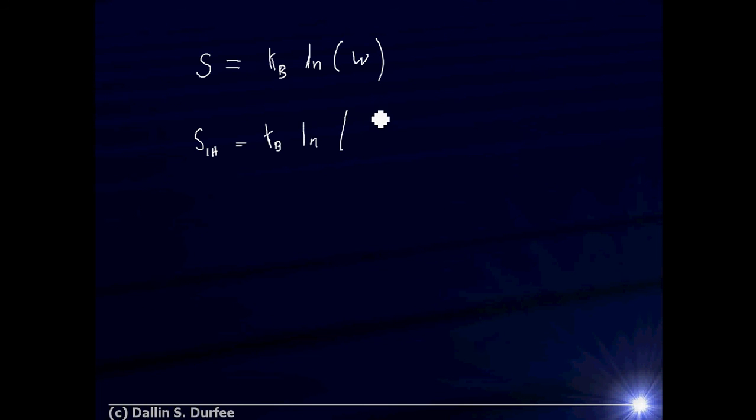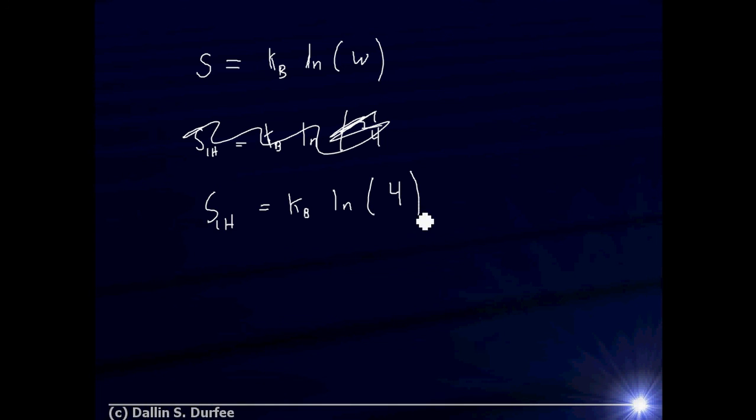Sorry, I don't want the probability, I want the number of microstates. For 4 coin tosses, there were 4 different ways I could get one. The entropy of having 2 heads is k Boltzmann times the natural logarithm of how many ways there were to get 2 heads when I flipped the coin 4 times. We decided there were 6 different ways.